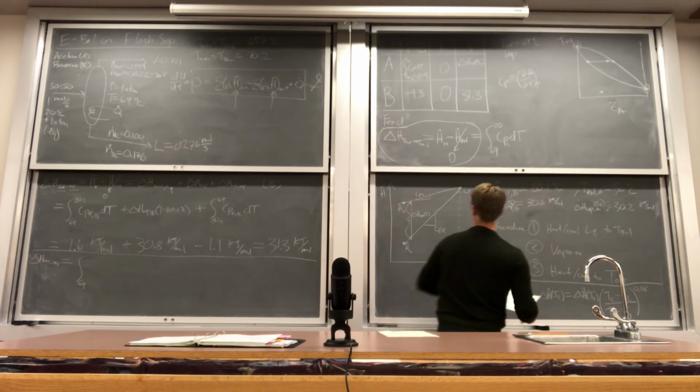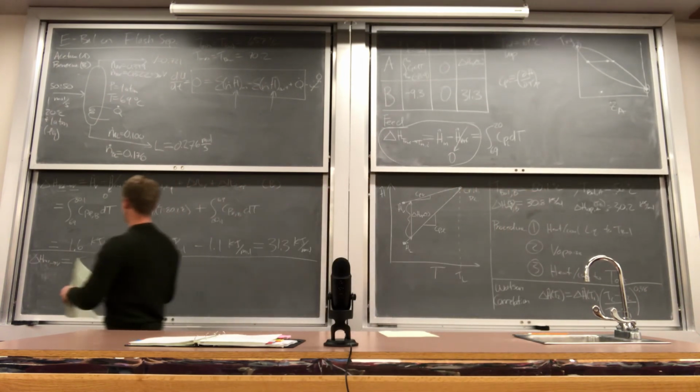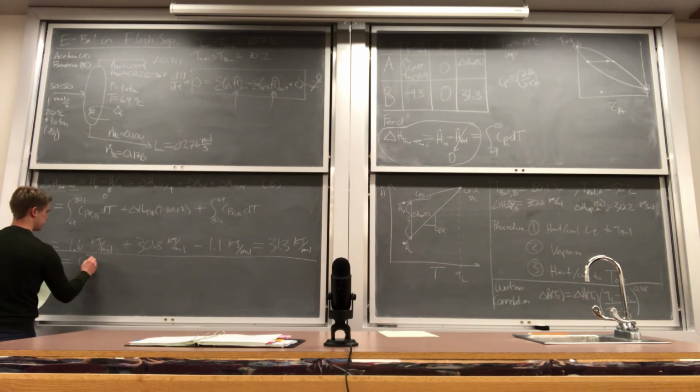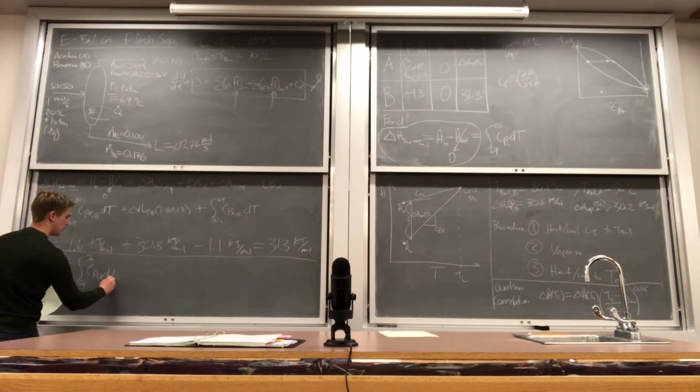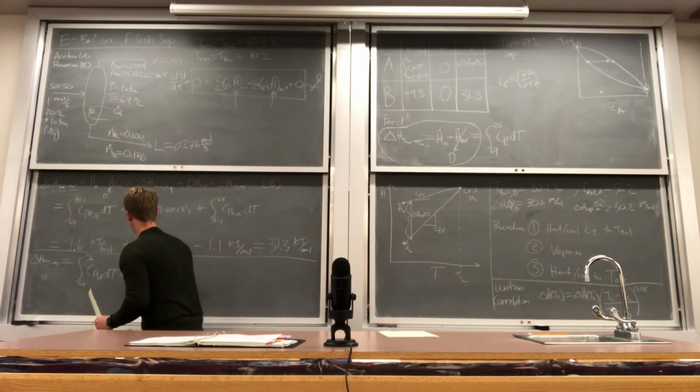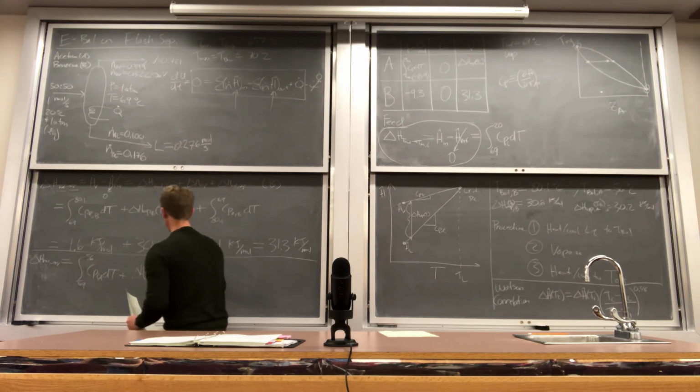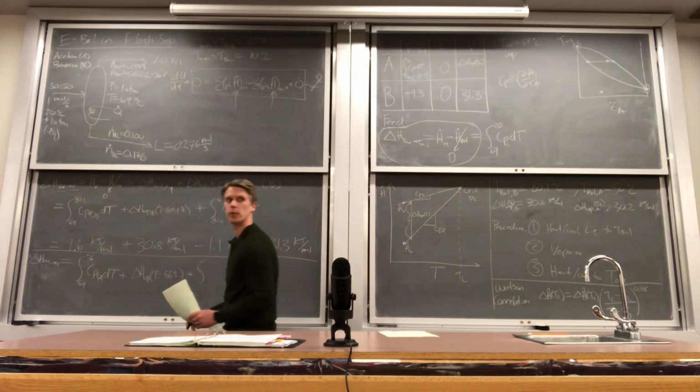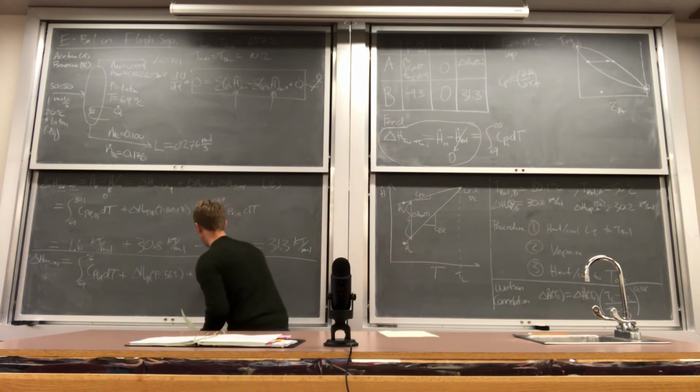It is 56. So we're cooling down the liquid now. Then we are going to vaporize it. Then we are going to heat the vapor back up to the system conditions.